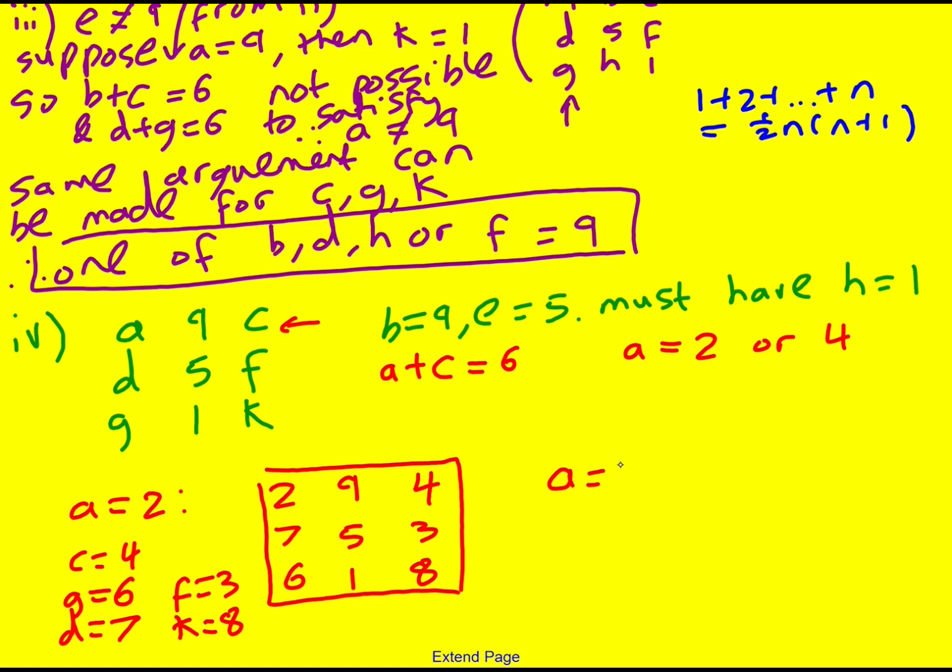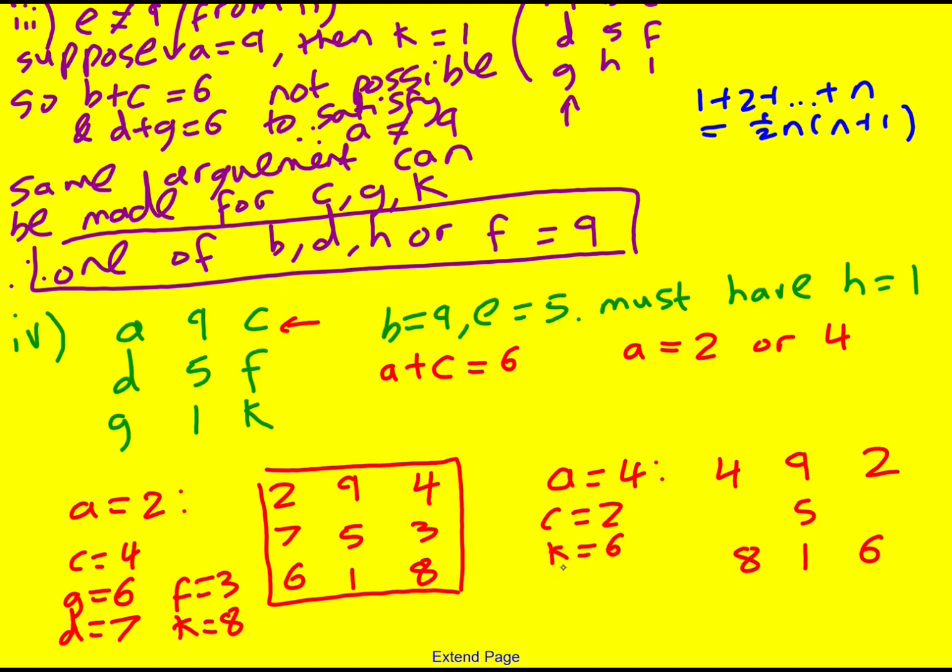Let's now look at if A is equal to 4. We're going to get a second solution. So 4, 9, this time C is going to equal 2. And then, well, we could look at a few different places. This one could be 6, so K is 6.